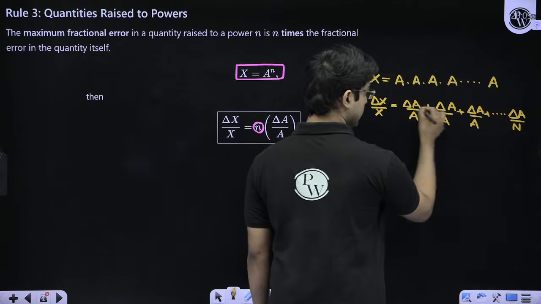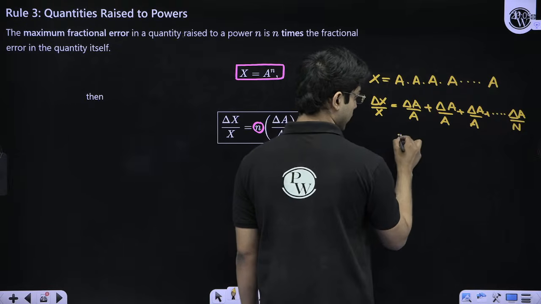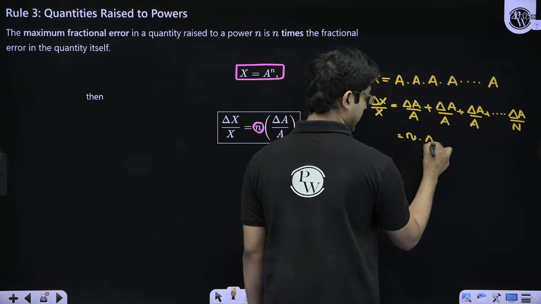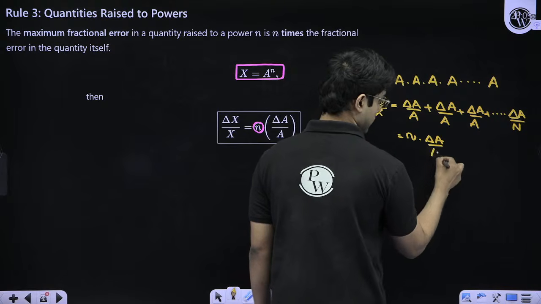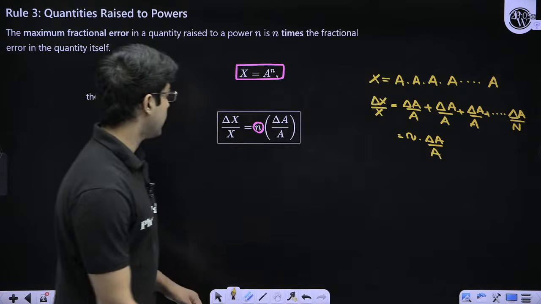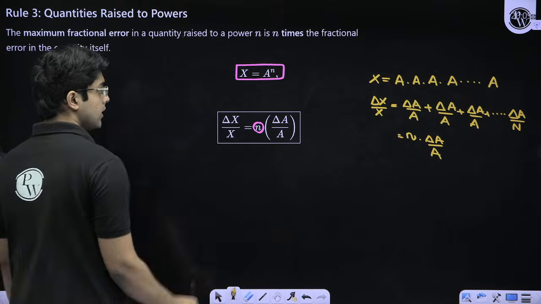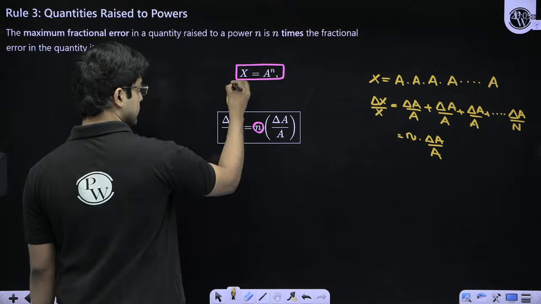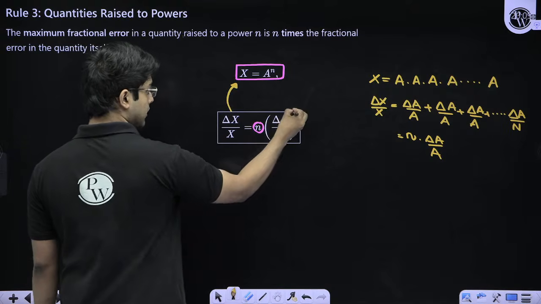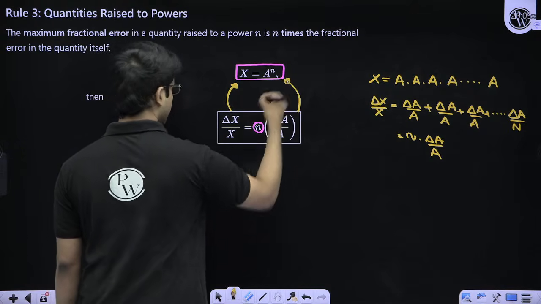So if we add the same thing n times, it will become n times delta a by a. So if you have x which is a raised to n, then fractional error of x is equal to n times fractional error of a, okay?